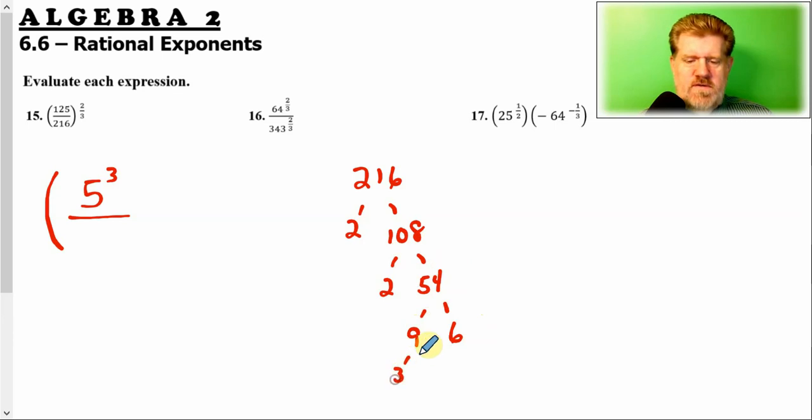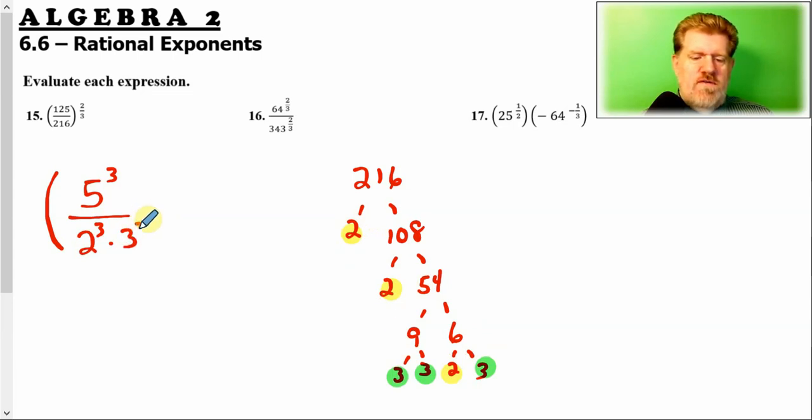So we have a 3 and a 3 and a 2 and a 3. So what do we got? We got 1, 2, 3. 1, 2, 3. Okay. So this is 2 cubed times 3 cubed. Well, I figured they all had to be cubes because it had to work out with the cube because we have 2 over 3.